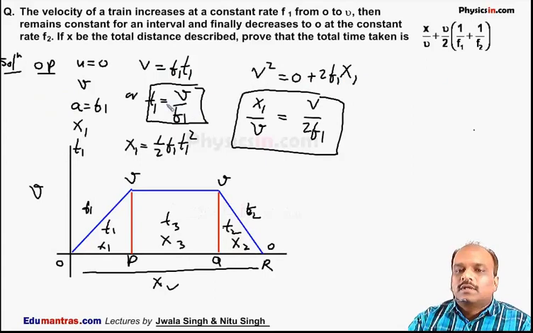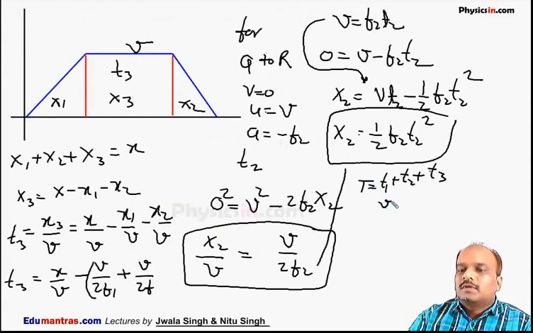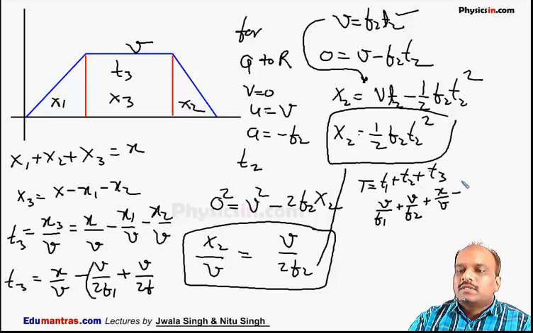I can say t1 is equal to v by f1. t2 is also equal to v by f2, whereas t3 is equal to x by v minus v by 2f1 minus v by 2f2.